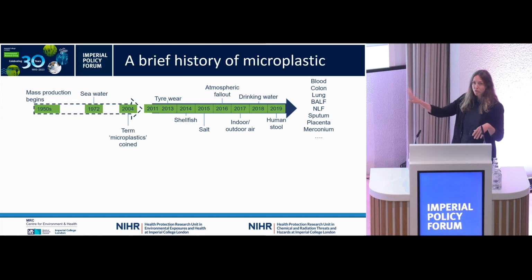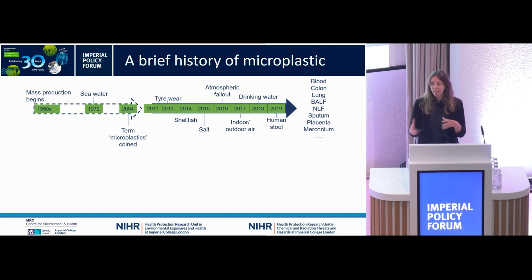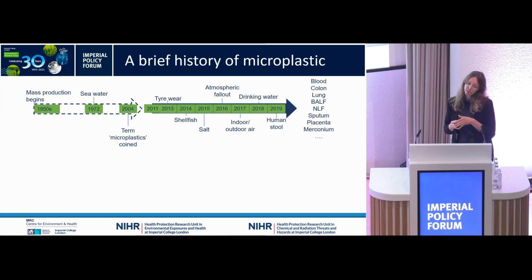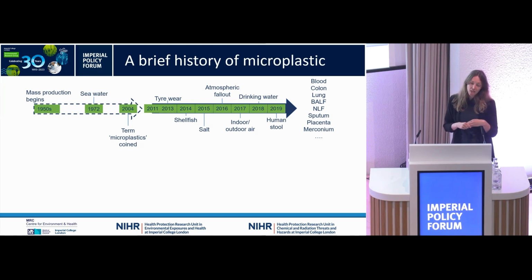But as research has taken place, our understanding has grown to acknowledge that it also contaminates freshwater and terrestrial environments, but more recently we've realised it's in the atmospheric environment, it contaminates drinking water, food, and more recently, different human tissues. So it's not hard to realise why it's on the radar as a potential public health issue, but it is still a growing field.